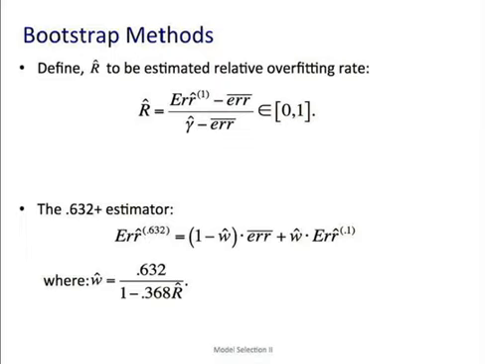But it's actually just taking into account this relative overfitting piece estimated by the no information rate, which you'd have to do in practice using the data. So it's all data dependent. And then this is now a function of what we call W hat, which involves this relative overfitting ratio. Presumably, this is supposed to work better in situations where you might overfit. That could be especially when P is greater than N.